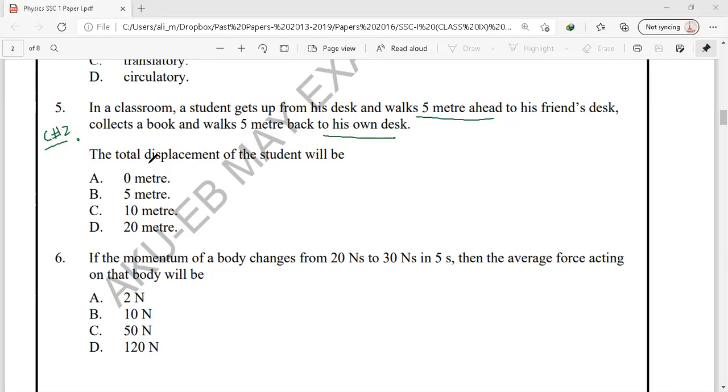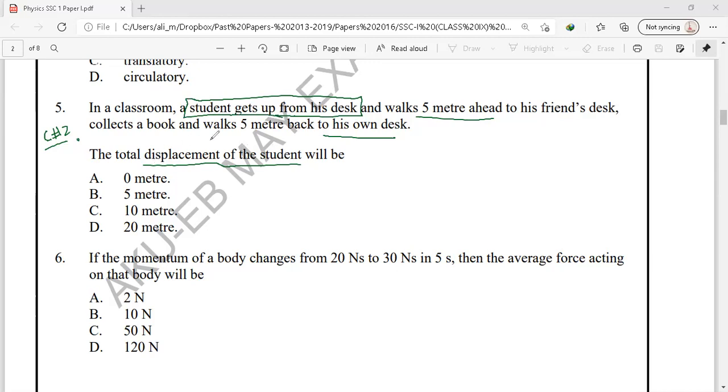So we have to tell what is the displacement of that student. One thing that is very important in this question is that the boy starts from his own desk. A student gets up from his desk, so the initial position of that student is his own desk.